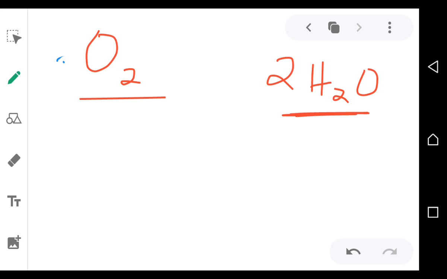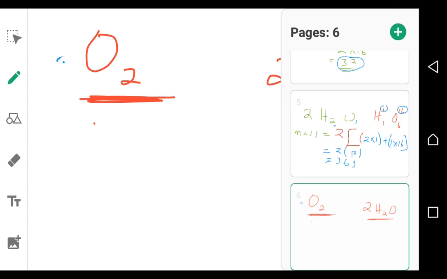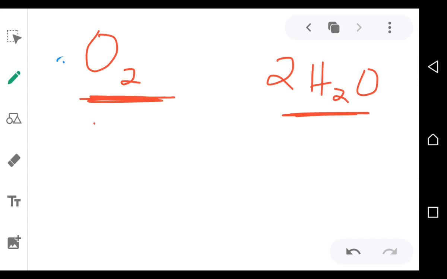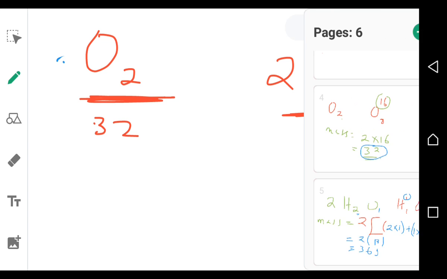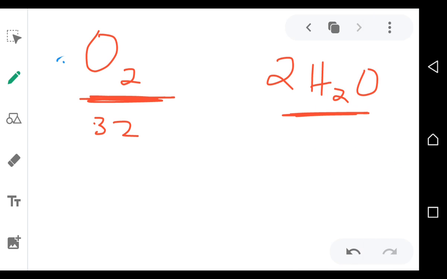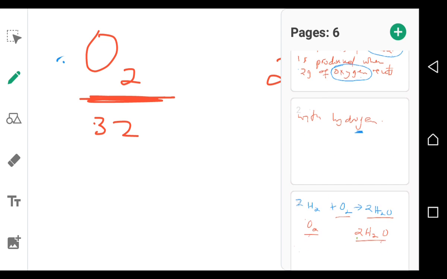The mass for oxygen which we found is 32. Mass for water is 36. You can see it there.